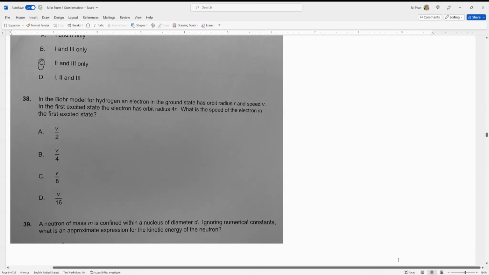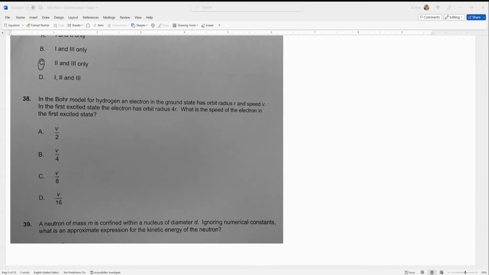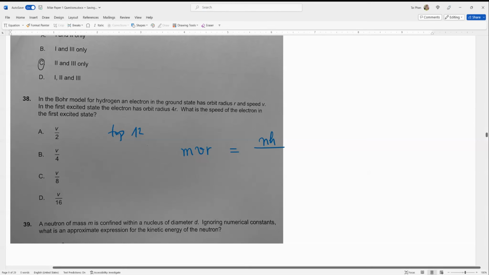Okay, check the formula data booklet. In topic 12, we have the formula mvr, which is called the angular momentum, equal to nh divided by 2 pi, where h is the Planck constant and n is an integer. Check topic 12 in the data booklet to find this formula.